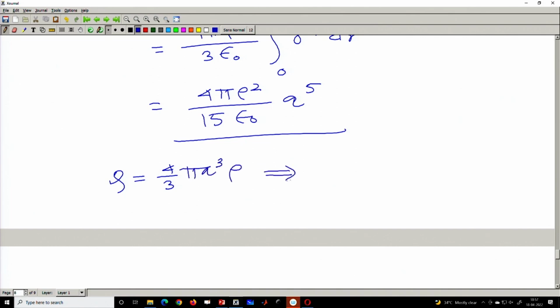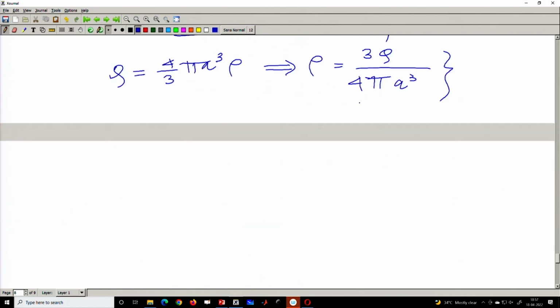So, from here I can write rho is simply equal to 3 q divided by 4 pi a cube. That is the value of rho in terms of q.